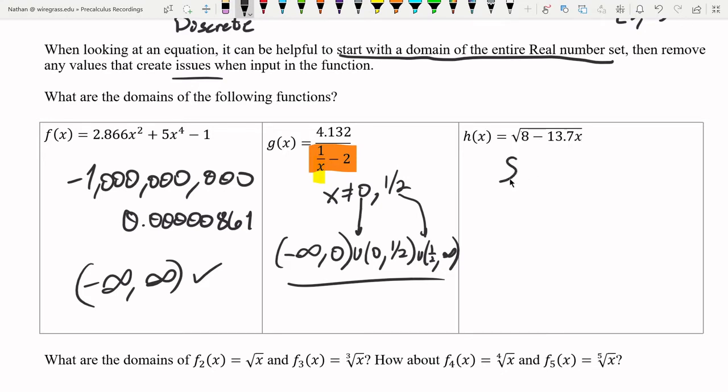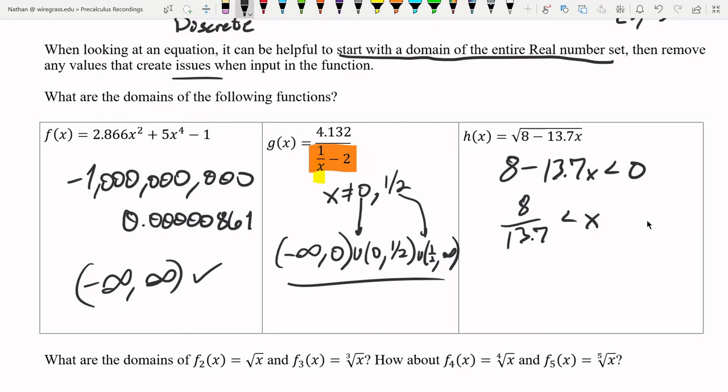So let's ask when 8 minus 13.7x is less than 0, because that will be our problem area. Add 13.7x and then divide by it. That's what we get.